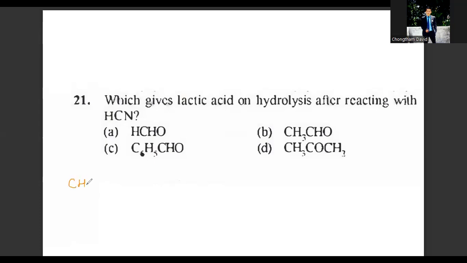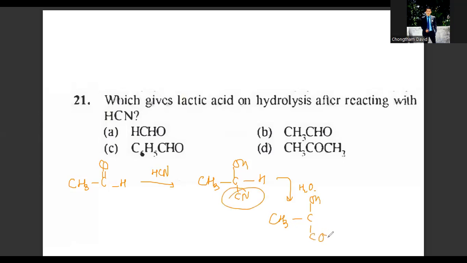So when acetaldehyde, check whether there's an alpha carbon, reacts with hydrogen cyanide, it changes to cyanohydrin. This you have learned in the theory part. Then on hydrolysis, it generates lactic acid. The cyanide changes to carboxylic acid. Clear? So the answer will be option B.